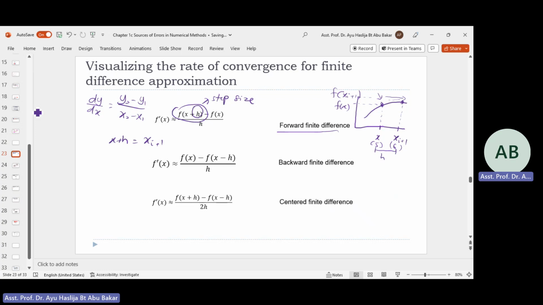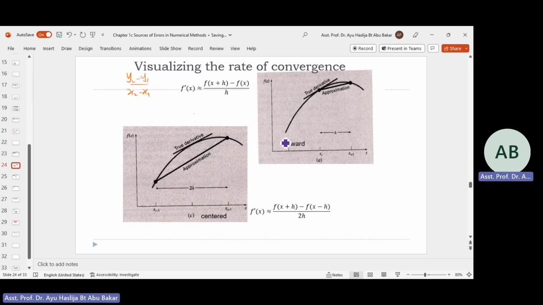Understand the term? So now, f(x plus h) minus f(x), over the step size. Step size over here is 1 for this example. So this is the true derivative at f(x), and this is the approximate value.